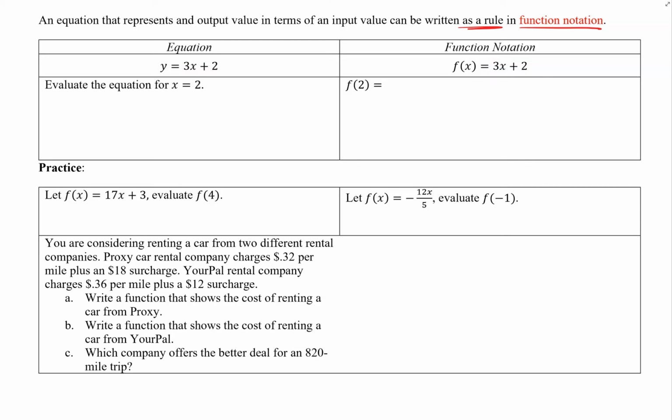Now, normally in an equation, we identify the output variable as a single letter, but in function notation, we give the name of a function and we identify the input values, what variable might represent the input values, in this case, x. So while both mean the same thing and they're written just slightly different, in math class we use different terms or instructions to ask students to evaluate a result.